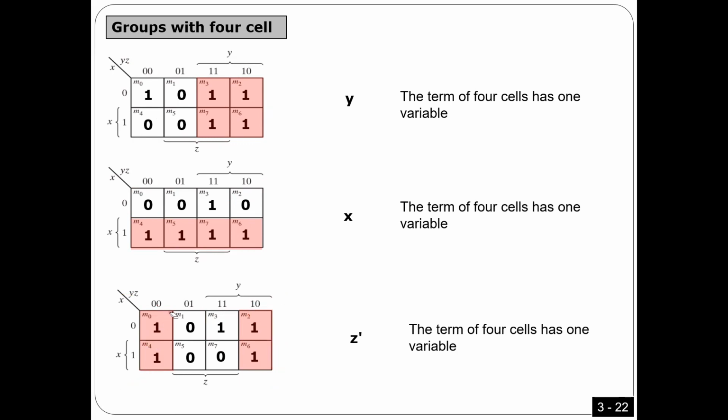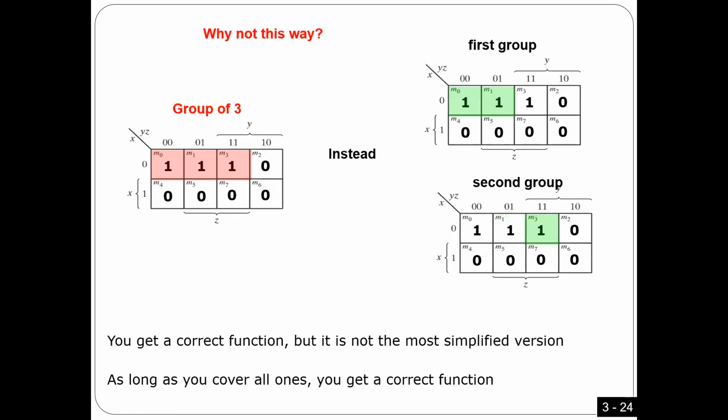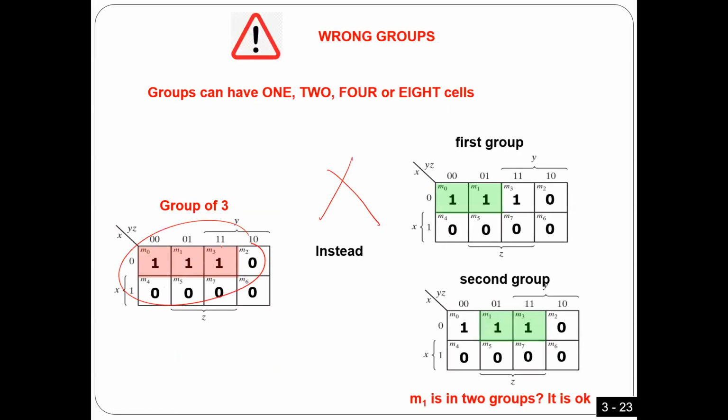But anyway, we're not going to do it that way. We're going to say this is one group. You can take this four here, you can take this four, or you can take four this way. So three is not allowed.